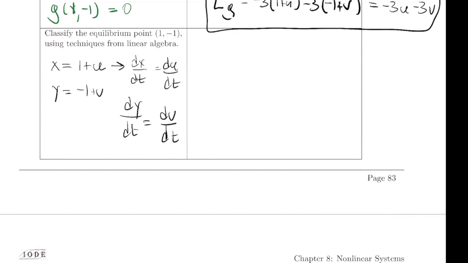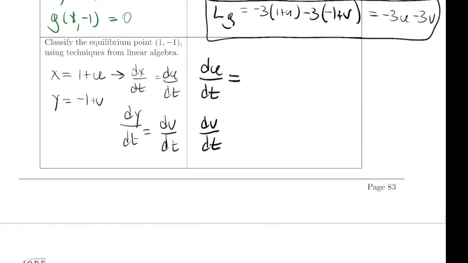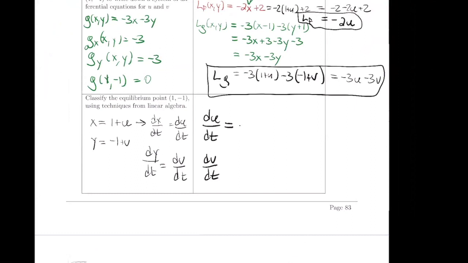So adding a constant to x or y isn't going to change its derivative. So that gives me a new linear system below in terms of these new variables that we introduced, u and v.